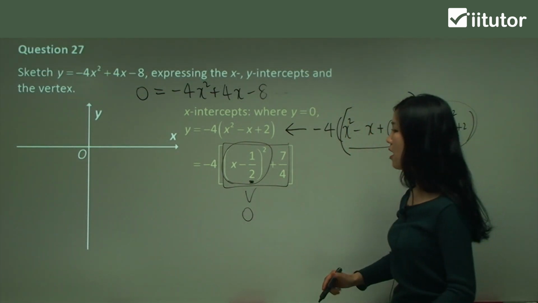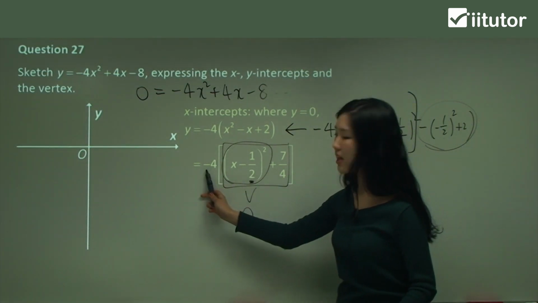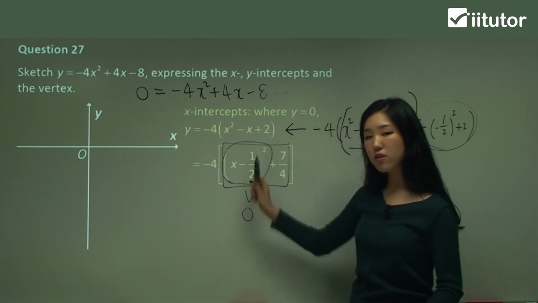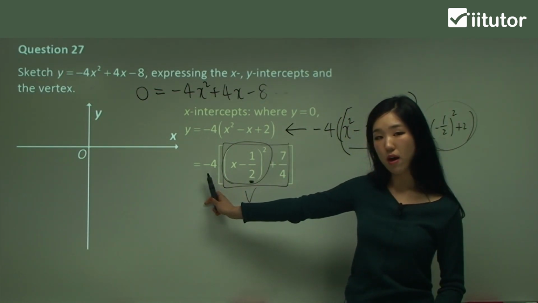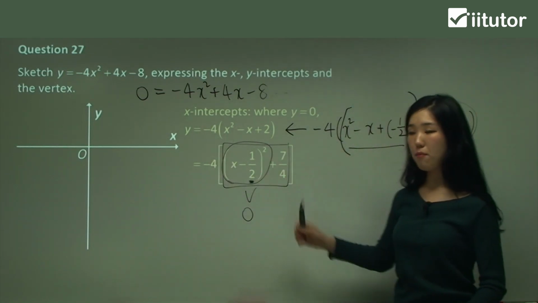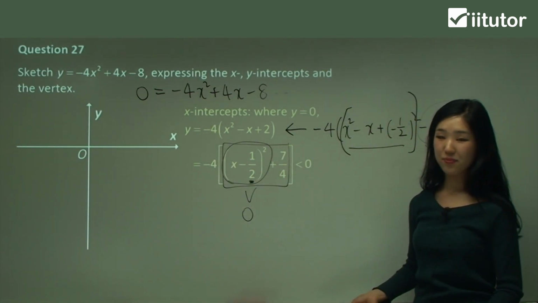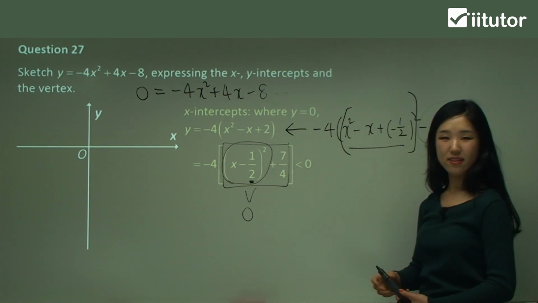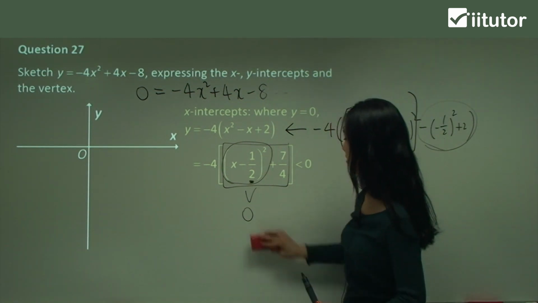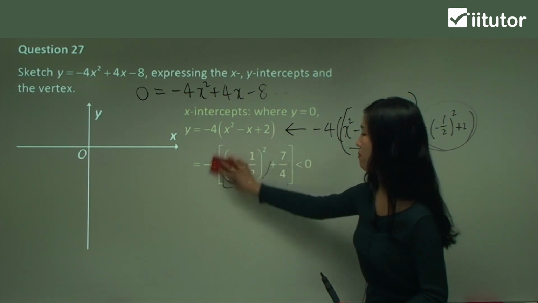But if I multiply that by -4, a positive number multiplied by a negative number, the whole outcome simply becomes negative, or less than 0. Does that whole thing make sense? Take it step by step, and if you don't get anything, you must go back and check because this is important.